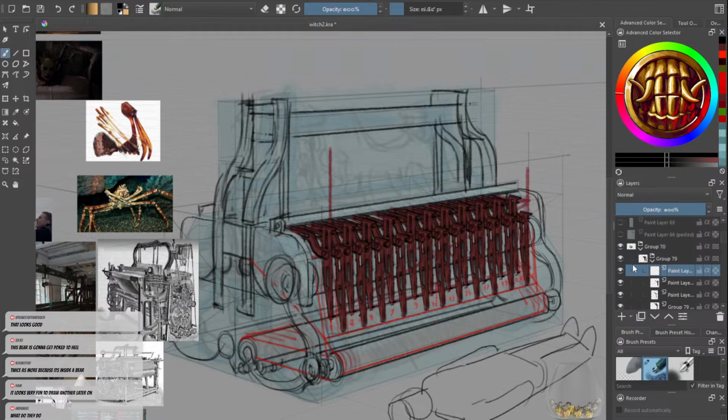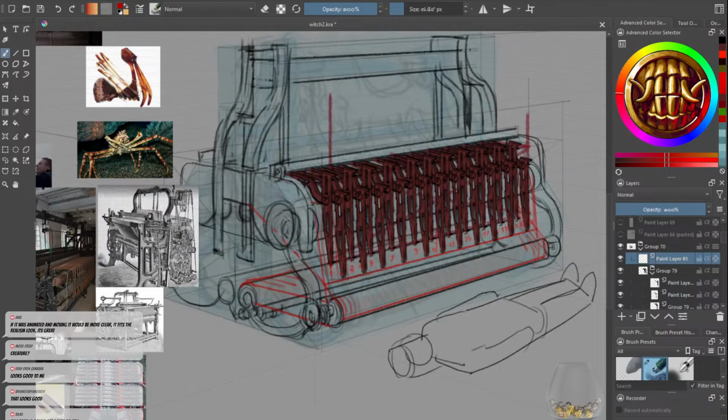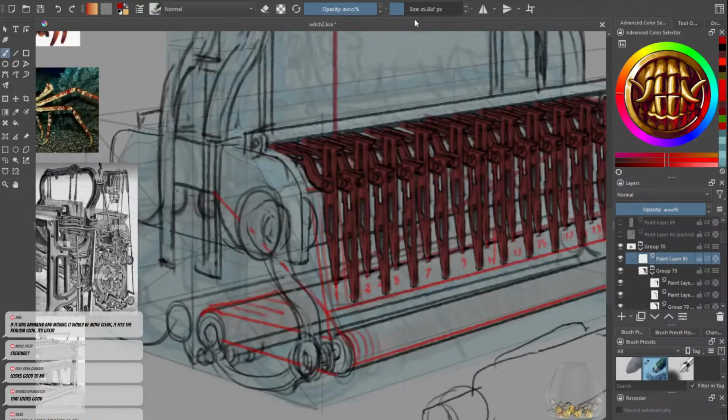So now I'm going to draw the strands separately so we can see how they cover the spikes. So we're going to reduce the clutter even more. So the strands would go here.